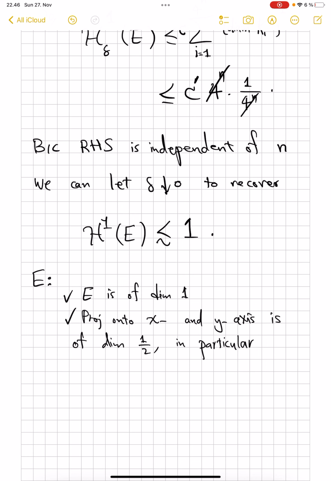It doesn't have area, but also it's not too small. So it has Hausdorff dimension 1. In particular, it has a length, meaning nothing other than H1 is between 0 and infinity. But when you project it onto x and y axis, we see that H1 of the projections are 0, because projections are 1/2 dimensional, so their one Hausdorff measure is definitely 0.